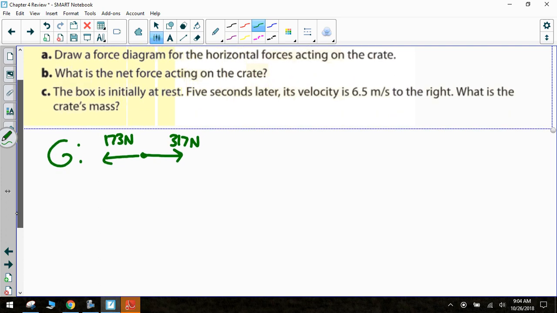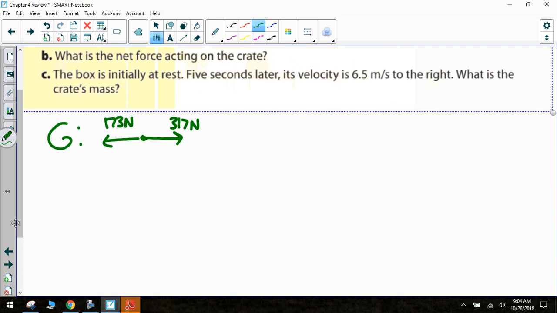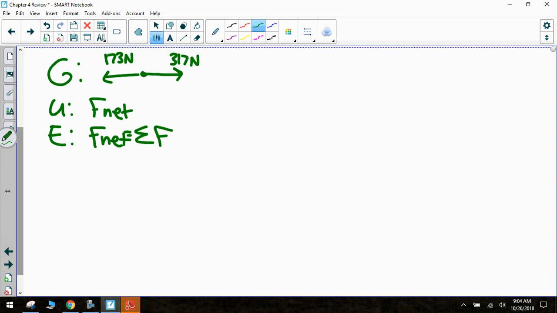All right, so I've done part A. Part B says, what is the net force acting on the crate? So the unknown is net force. Remember that to get the net force, what you're going to do is sum all the forces on my free body diagram. So to get the net force, I have F net equals 317 to the right.